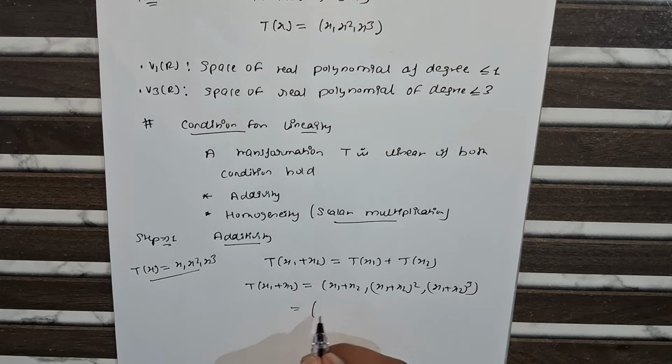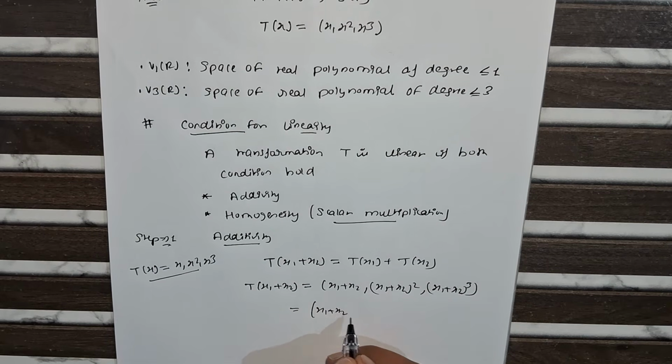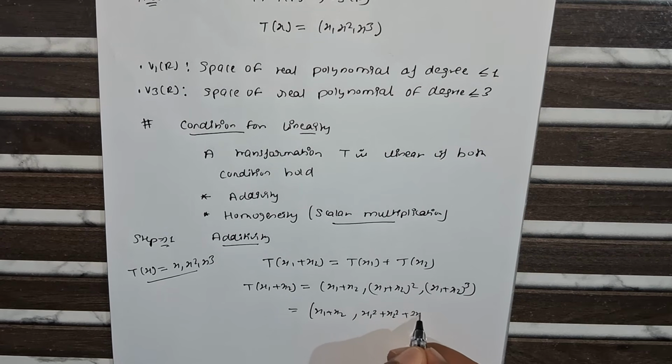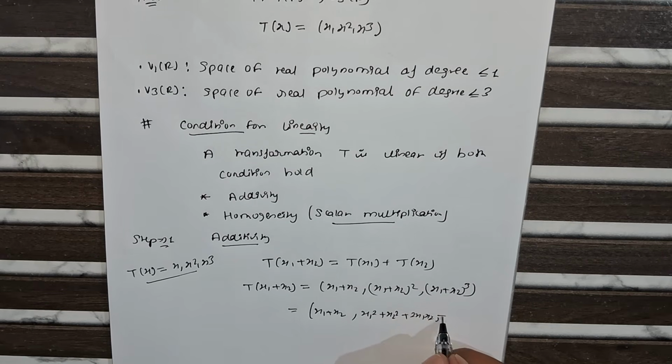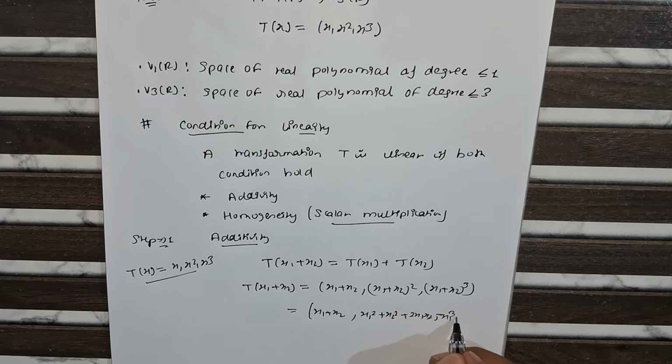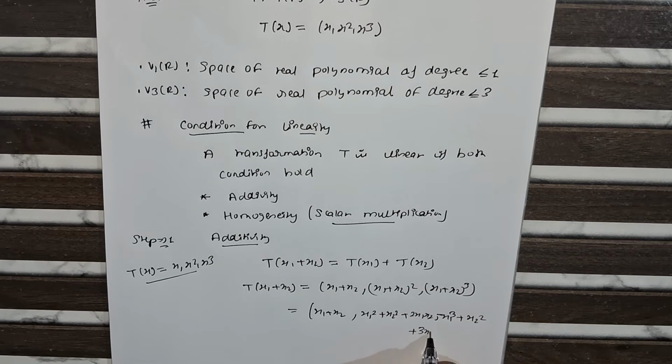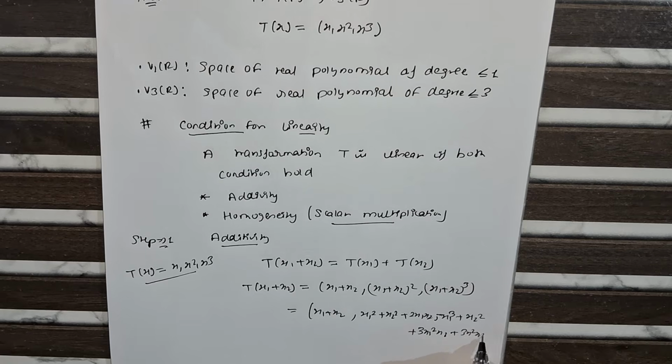Now we have to solve. (x1 plus x2) whole square is x1 square plus x2 square plus 2x1x2. Like that, (x1 plus x2) whole cube is x1 cube plus x2 cube plus 3x1 square x2 plus 3x2 square x1.